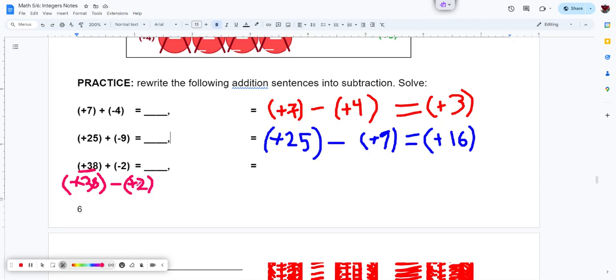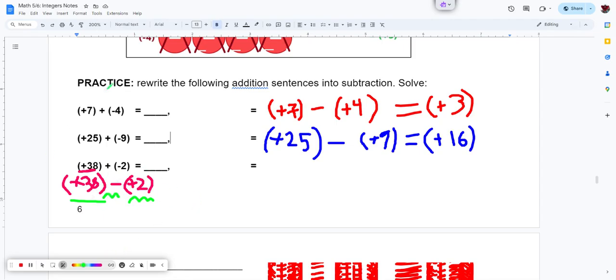So there's a little saying that we can use to help us remember how to manipulate these sentences. The very first thing, same. The next two things, change, change. So same, change, change. The first term stays the same, and then we change the operation, and we change the second term. And all we're doing is flipping to the opposite.